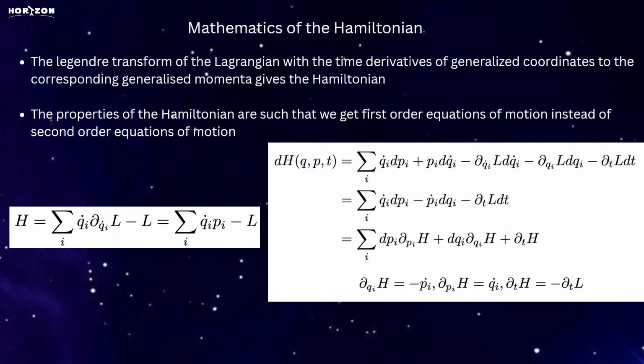So how do we get these 2n first order differential equations which define the motion in Hamiltonian? We do that by taking a derivative of H, and as we can see here, we do some clever math, and we get the first order differential equations in the Hamiltonian space.